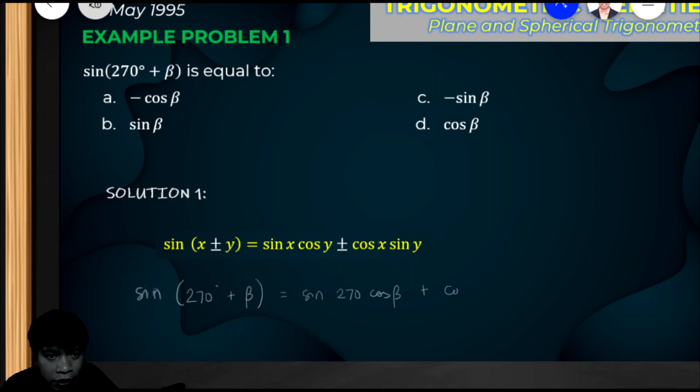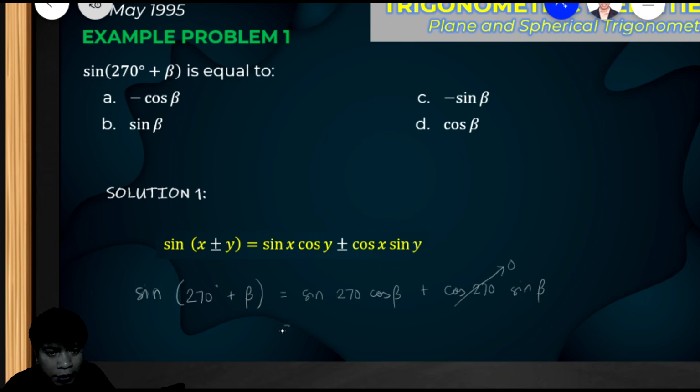And then cosine of x, which is 270, times sine of beta. When we calculate cosine of 270, take note this will be equal to 0. So 0 times sine beta equals 0. So this whole term is 0.